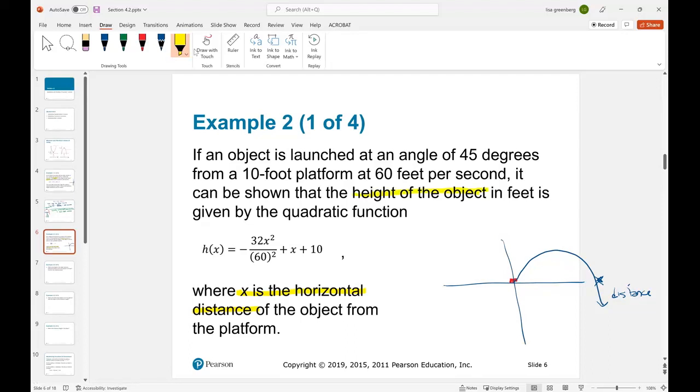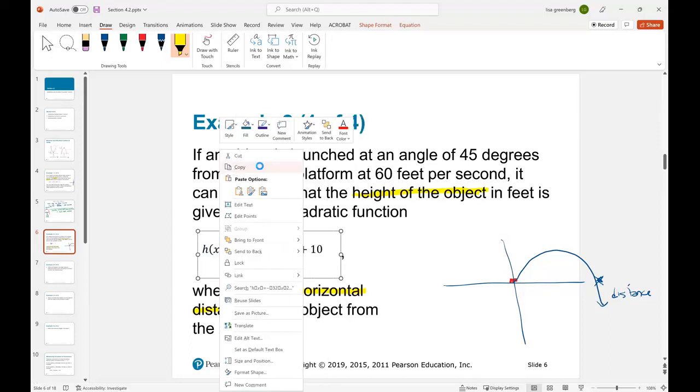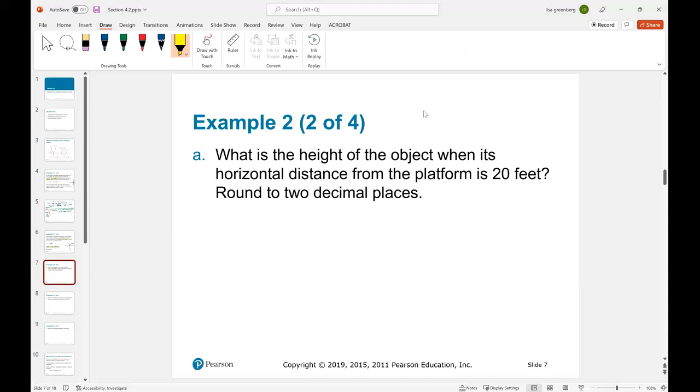Okay, so now we have our equation. We know what all our variables mean. And let's see what the questions are. So the first question is, what is the height of the object when its horizontal distance from the platform is 20 feet? Okay, so not too bad. We just plug in for x, because x is the horizontal distance.